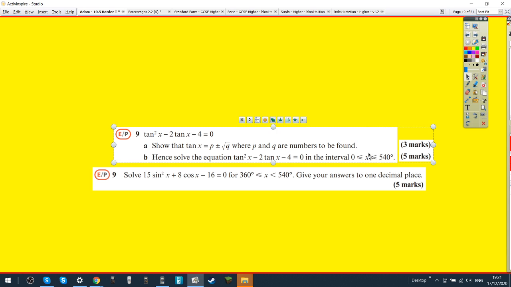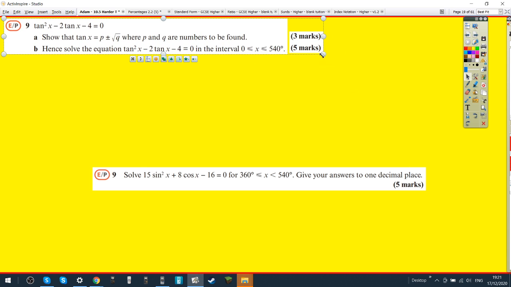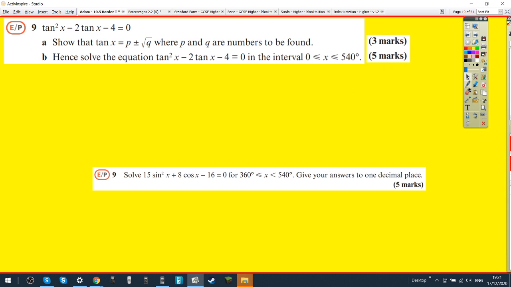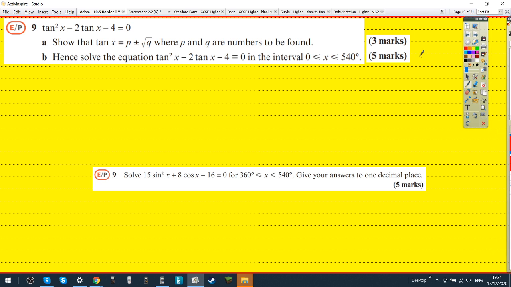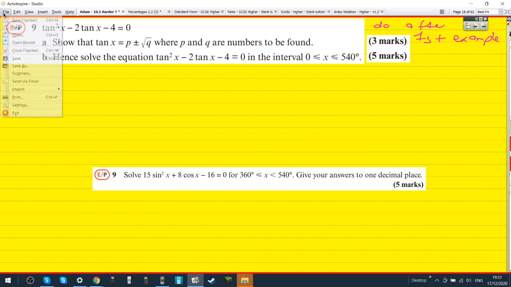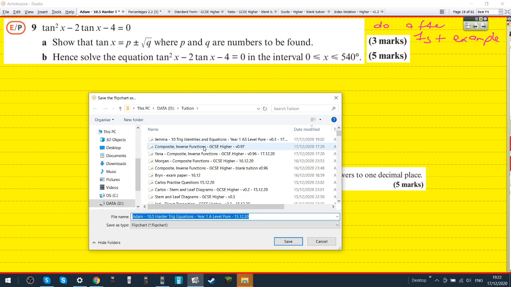Okay. So would tan squared x minus 2 be a squared x minus 2?